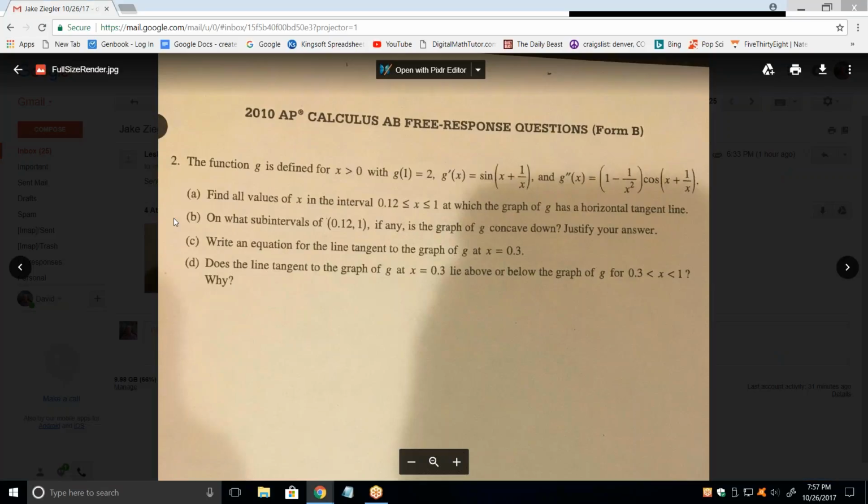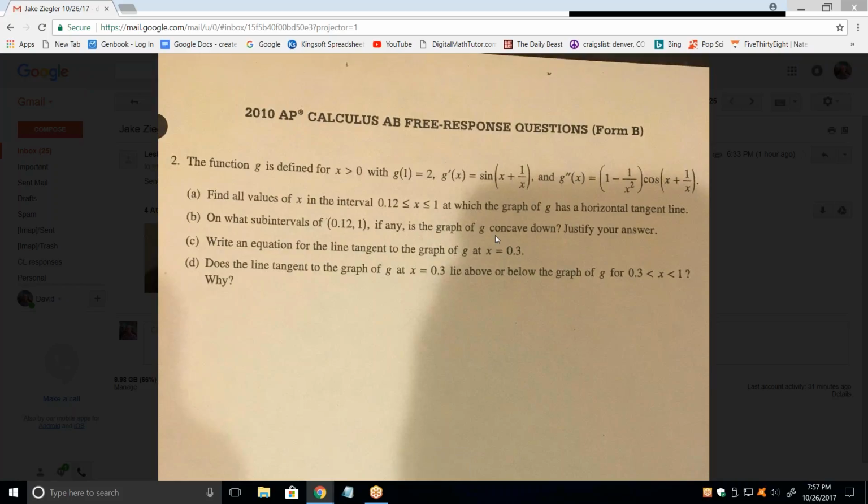So even though this question is ridiculously hard, there are parts of it that you can answer relatively easily. You have to memorize that concave down for the original function means the second derivative is negative. That's something you have to know. Otherwise, you've got no shot on this question.